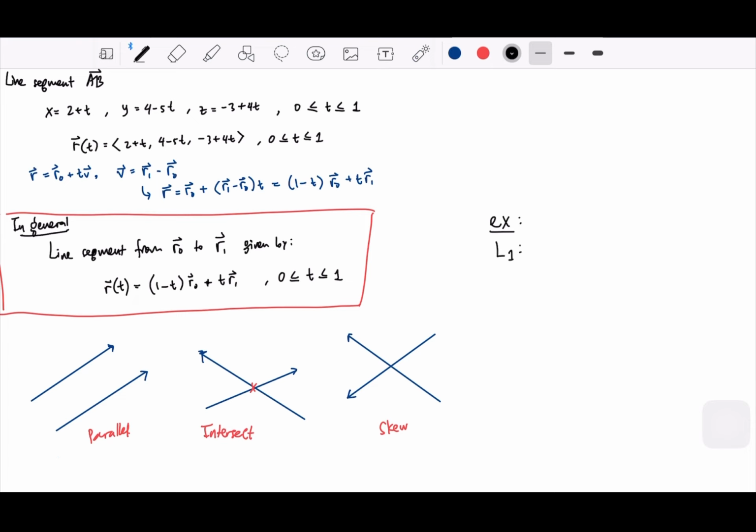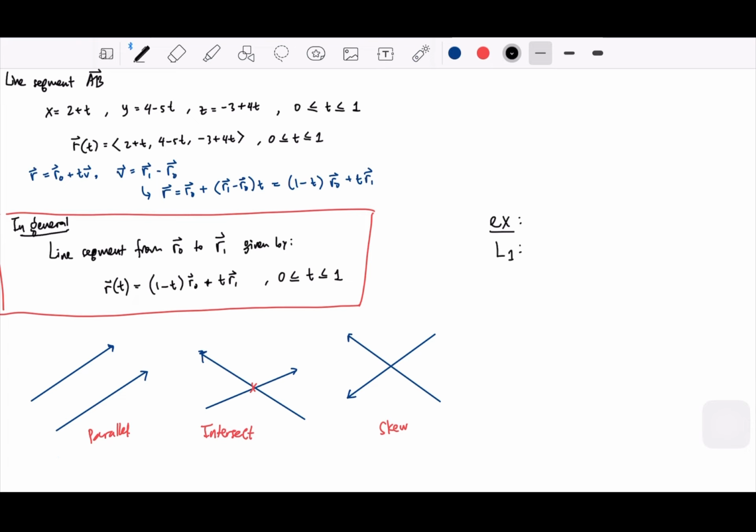So let's make that assumption. We take each component: 1 plus t equals 2s, minus 2 plus 3t equals 3 plus s, and 4 minus t equals minus 3 plus 4s.